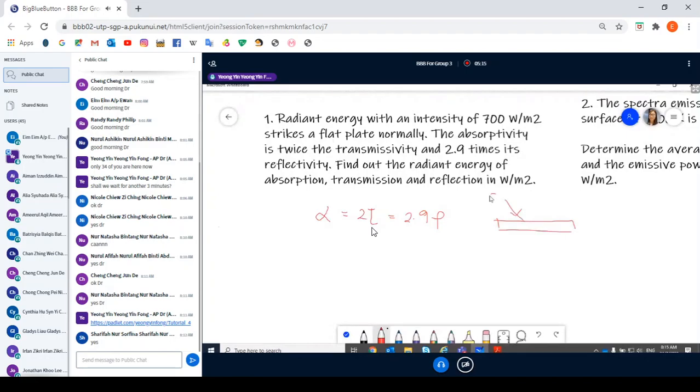So that's the incident radiation. Portion refracted. Some of the radiation is absorbed, and then this is the transmissivity.